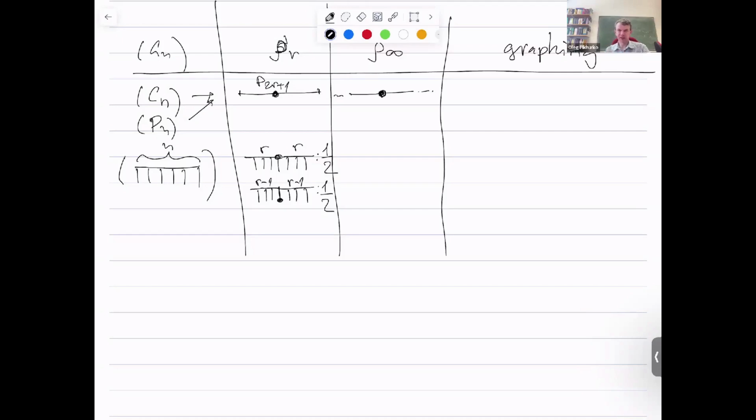So what would the distribution on countable graphs be? It will also be supported on two elements only. One will be the infinite comb, where my root is at the top, so it continues to infinity. The other will be the infinite comb, but my root is at the bottom.